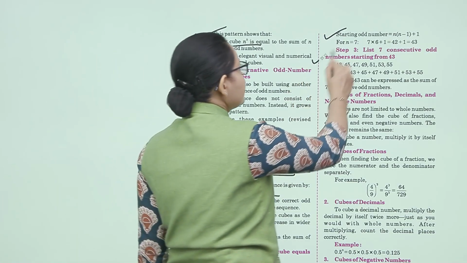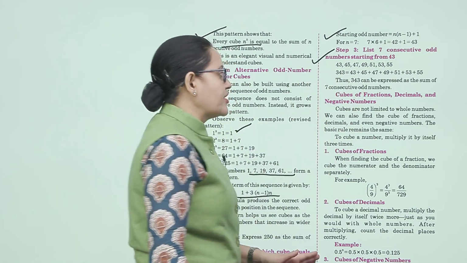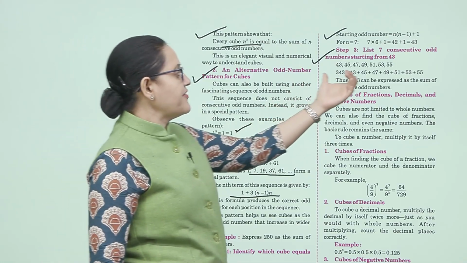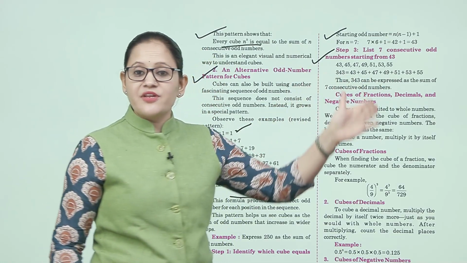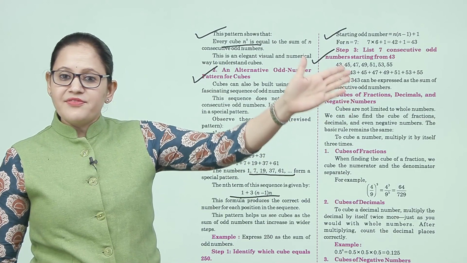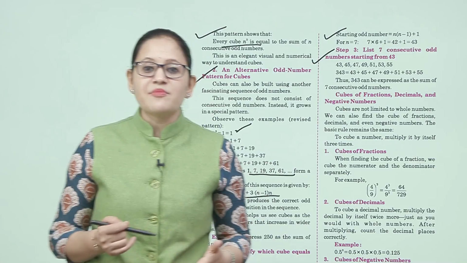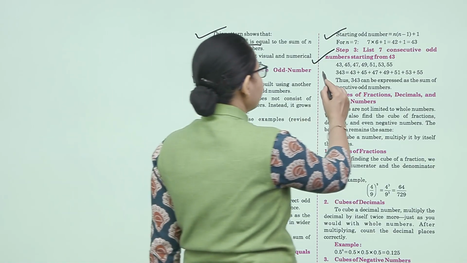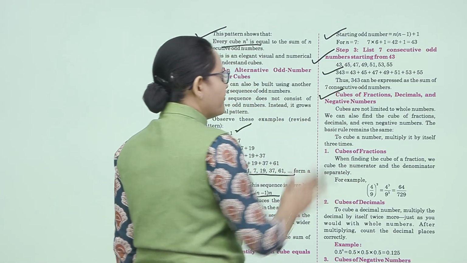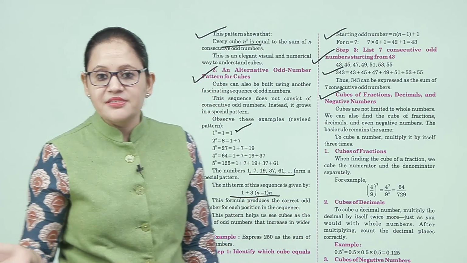Step 3. List 7 consecutive odd numbers starting from 43. So, that is 7 consecutive odd numbers: 43 plus 45 plus 47, 49, 51 and 53 and 55. Thus, 343 can be expressed as the sum of 7 consecutive odd numbers. Here you can see.